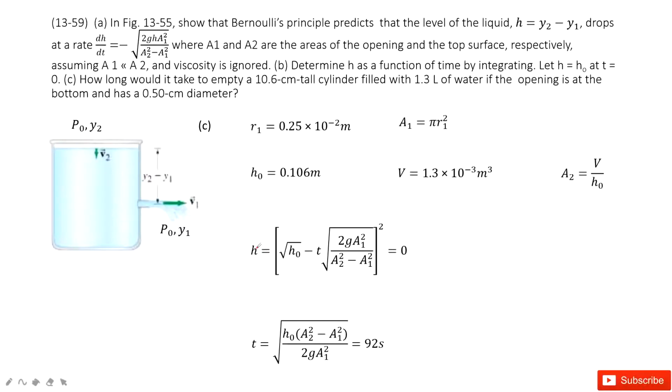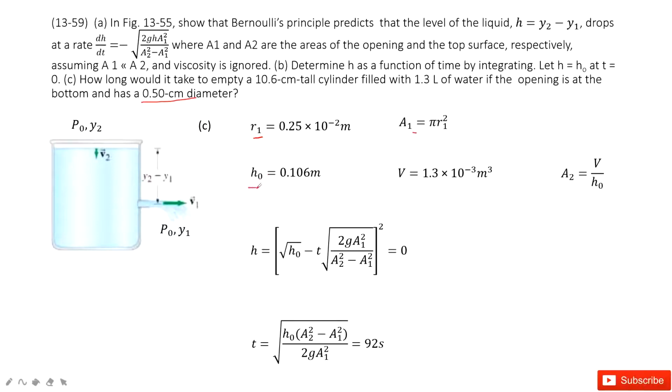The next part asks how much time it takes to empty it, right? Now it gives you some quantities. R1 is given, so you can get the cross-sectional area A1, right? This is 0.25 meters, because it tells you the diameter, so you can get the radius.